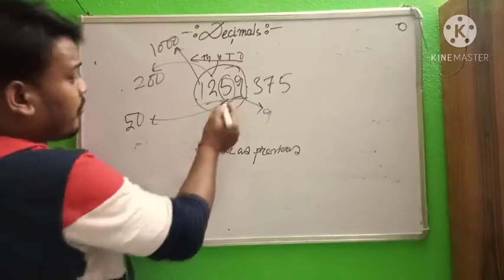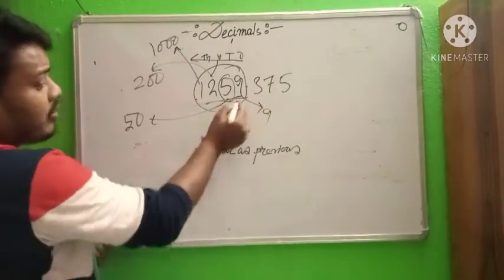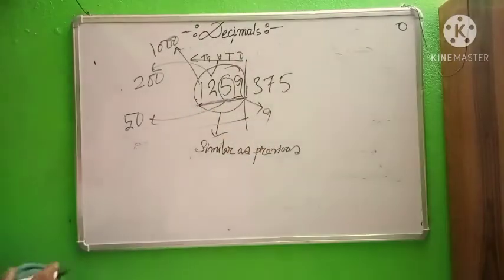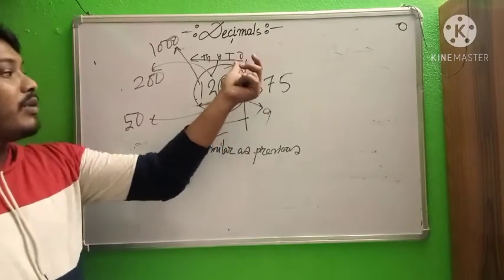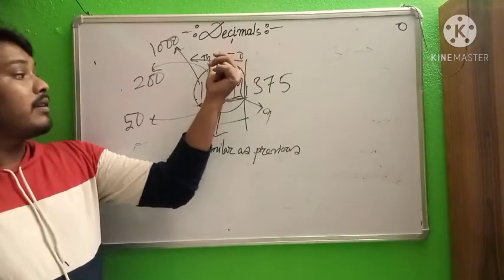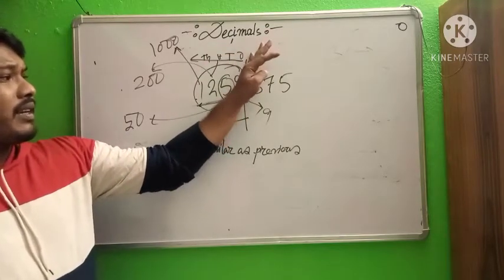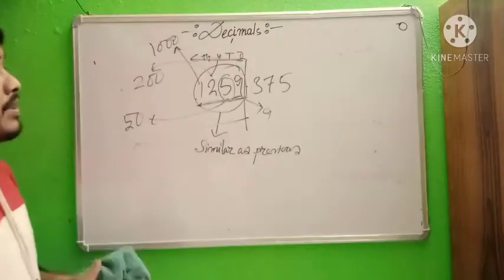Okay. So the place value of 5 is 50. The place value of 9 is 9, because this is the whole number part. So we start counting 1, 10, 100, 1000 from the right side.